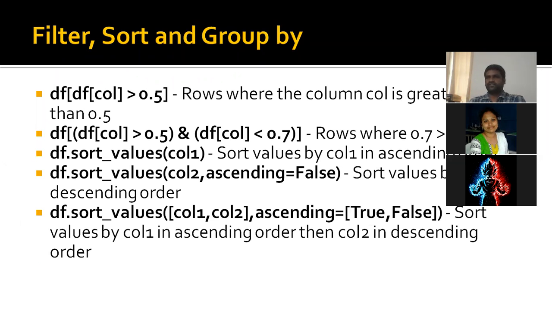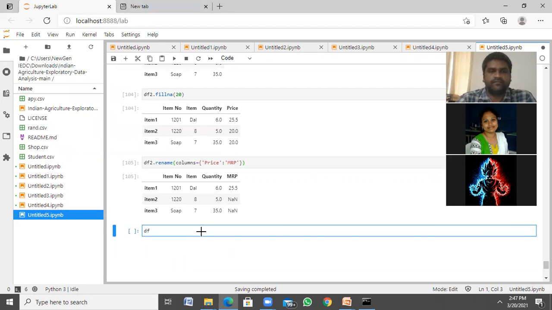And the next is how we are filtering and sorting. Let's say I want to filter the cropping concept. I want the crop details in between the years. So how can I? df of, here I'm using crop year greater than 2010.